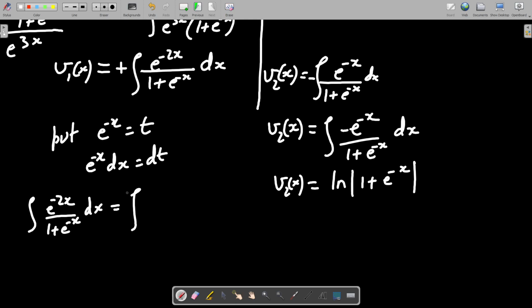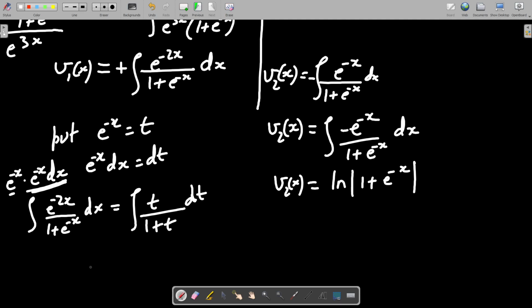So this will become e raised to minus x into e raised to minus x. The numerator I can split as e raised to minus x into e raised to minus x into dx. So this expression will become my dt and this expression will become t. Okay, so this is what I get: t upon 1 plus t.